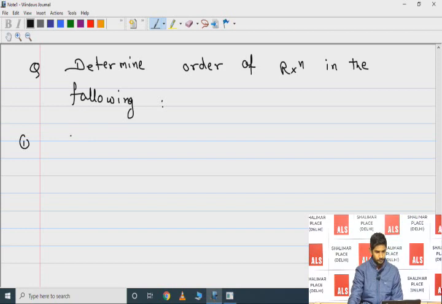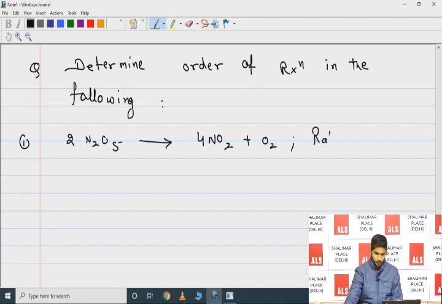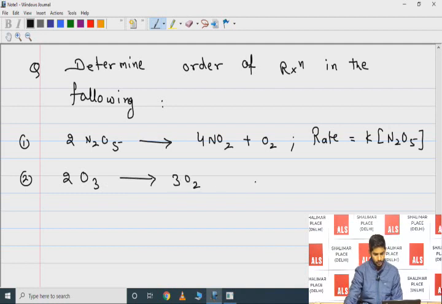First, 2N2O5 giving 4NO2 plus O2, rate is K[N2O5]. Number 2, 2O3 giving 3O2, rate is K[O3].